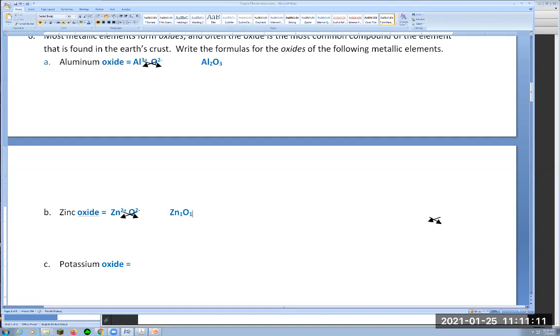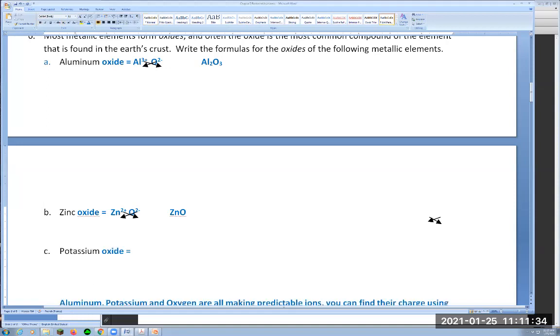We often omit the ones. They are implied. So the formula is actually ZnO, simply, because 2 positive charges cancel 2 negative charges. So one of each ion makes it neutral. So that's it for the zinc oxide.